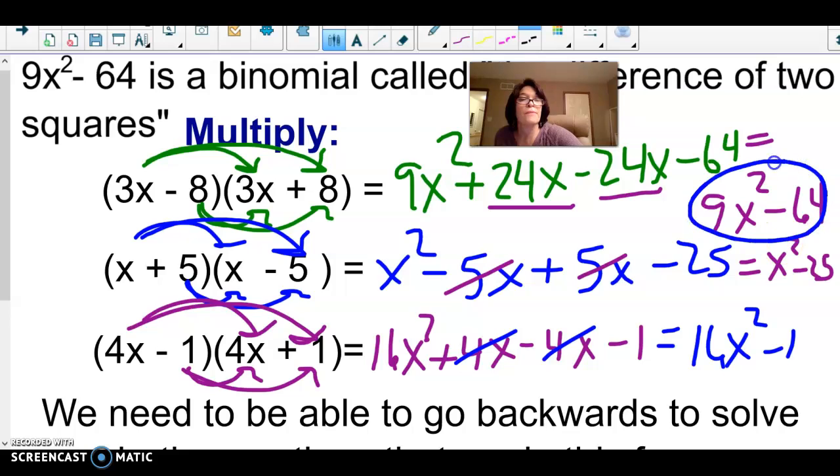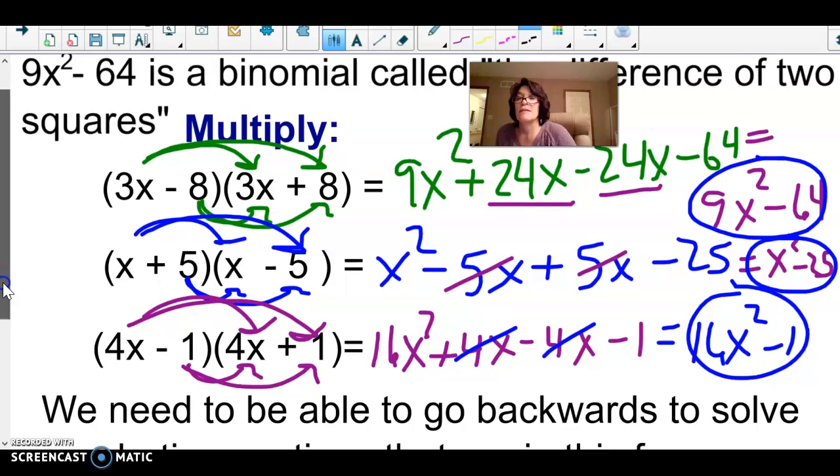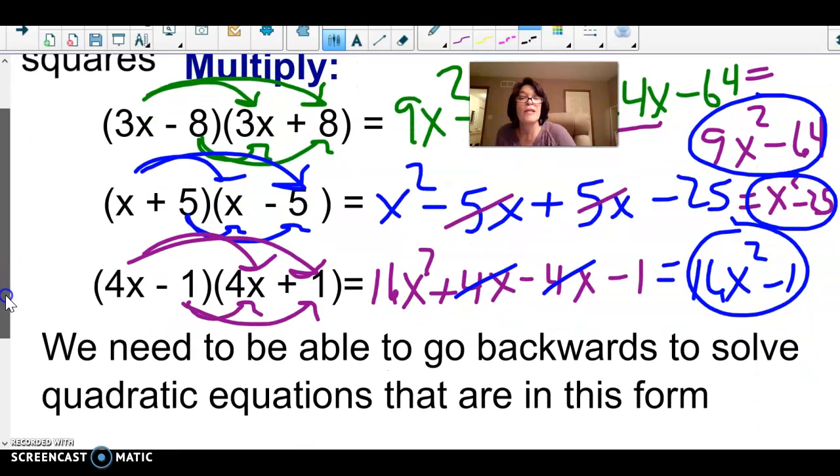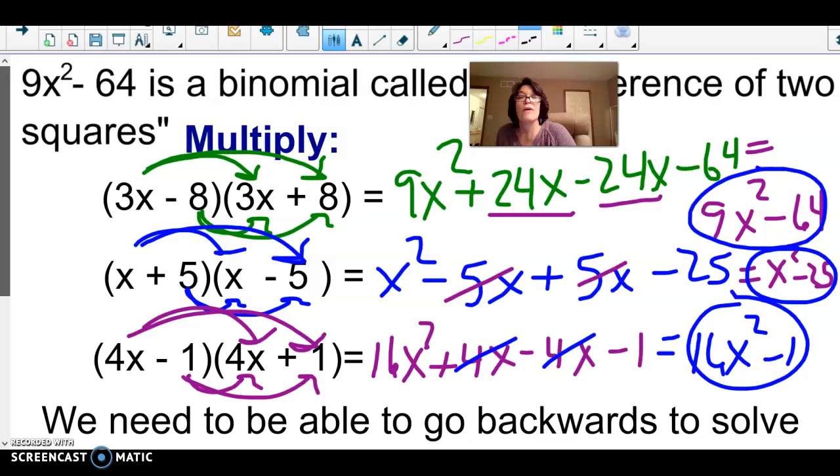Okay, our goal is to be able to see these as the questions, what I just circled, and we need to be able to go backwards to solve quadratic equations that are in this form. I'm going to have to be able to look at 9x squared minus 64, which was our problem in the beginning, and notice, hey, there's no greatest common factor.